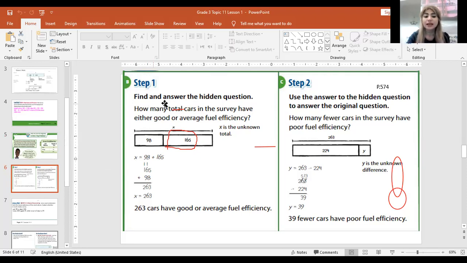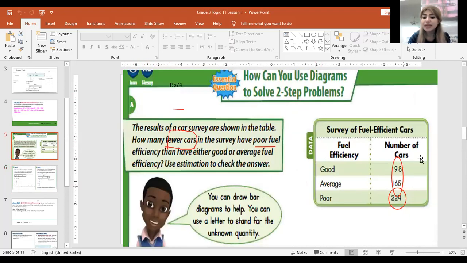Okay, so the first step, find and answer the hidden question. Adding the good and average numbers is the hidden step. He didn't tell me to add them, no, but he asked me to know the difference between the poor and the good and average together.